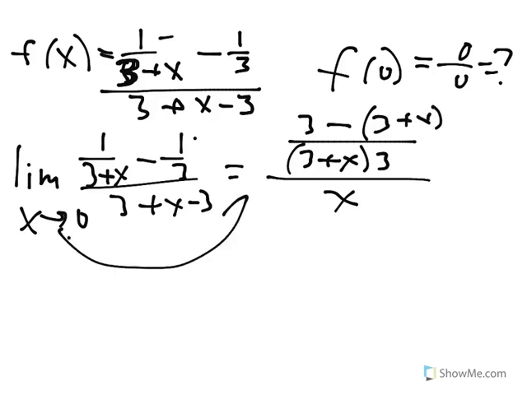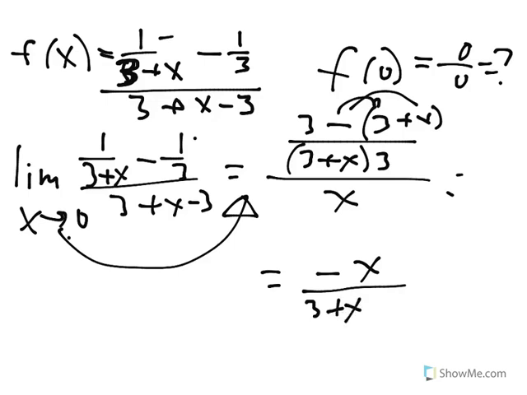And I really should be continually writing limit as x goes to 0, but I'm going to just have it implied there. So the numerator ends up becoming negative x. Remember to distribute the negative through, over 3 plus x times 3, over x.